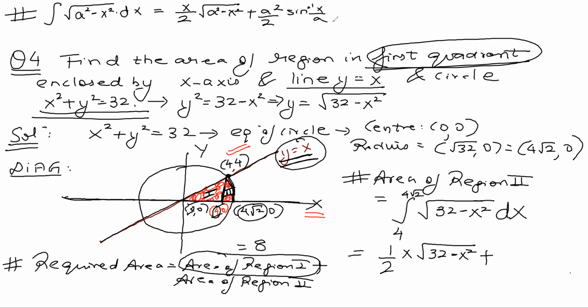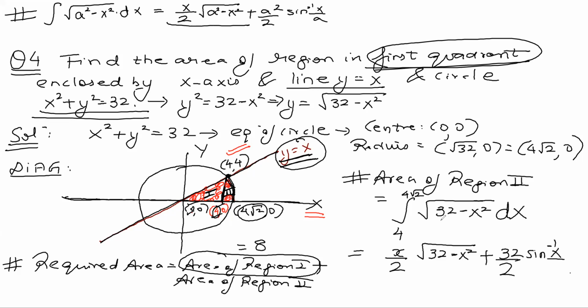So if I apply this formula here, it is as follows: x by 2, let me correct it. Yeah, it is x by 2 into under root a square minus x square, where a square is 32, plus a square by 2 times sine inverse of x by a. Guys, how much is a?